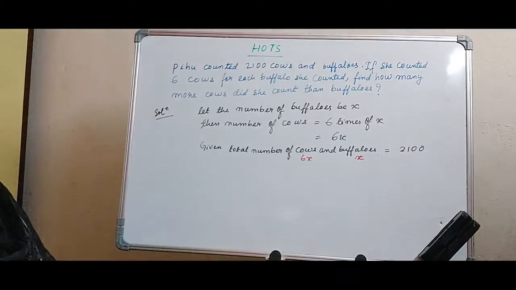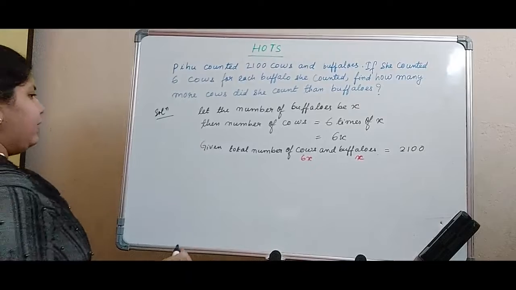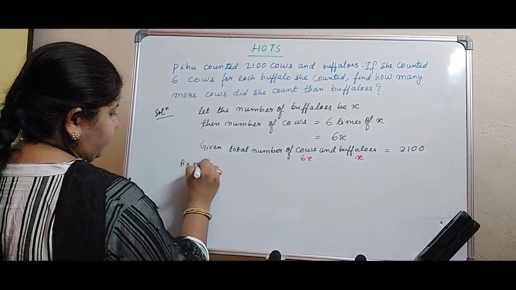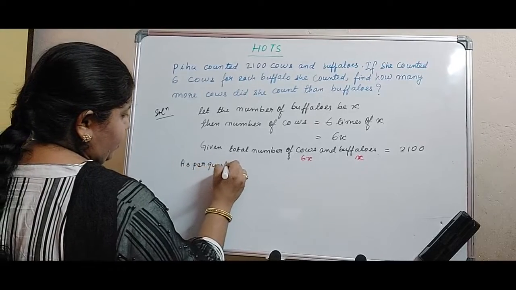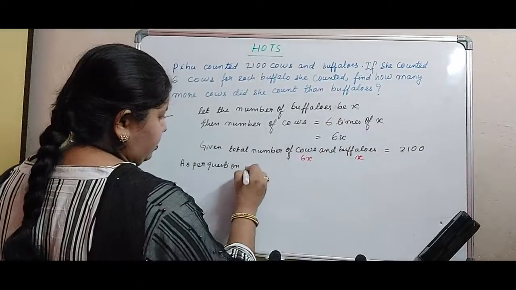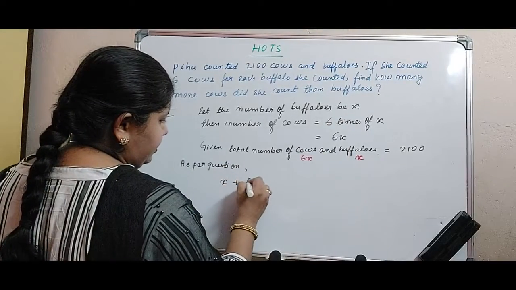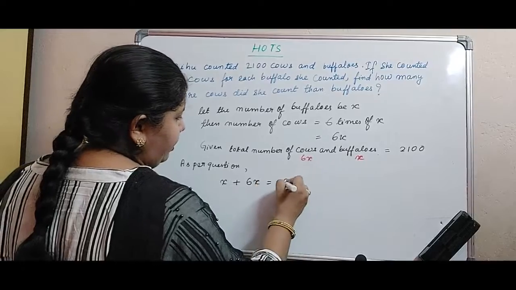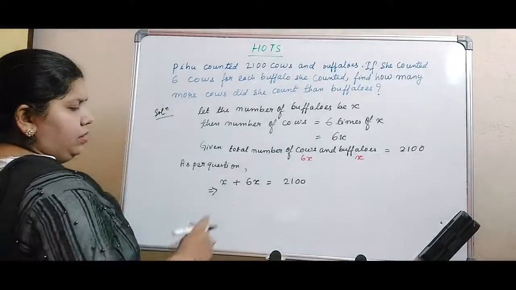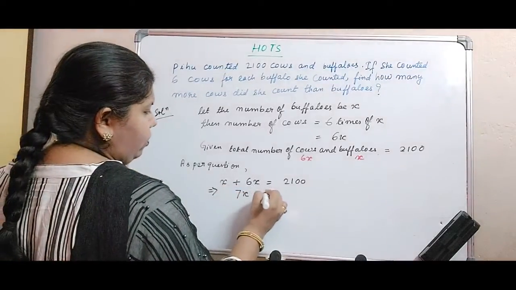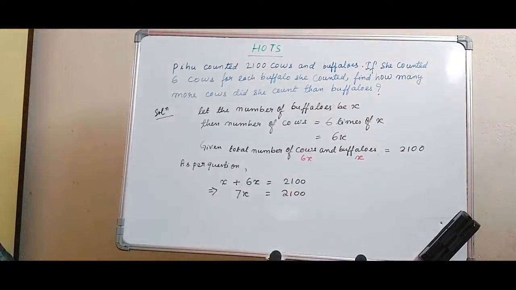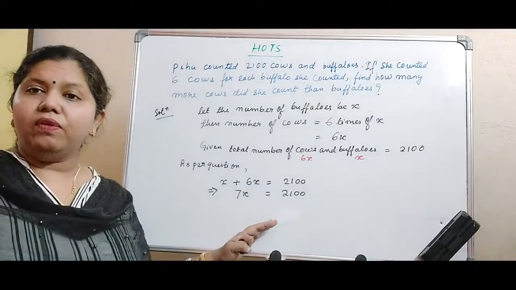So what will we write in the next step? As per the question, on adding these two, x plus 6x equal to 2100. This implies 7x equal to 2100. Okay, so this is the type of equation question that you have to solve.